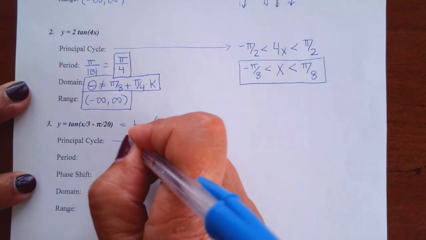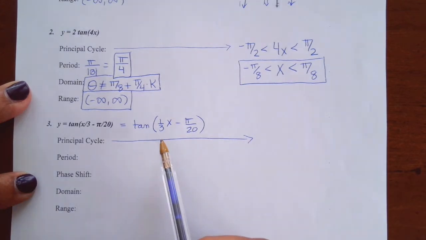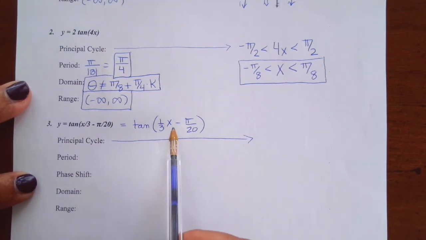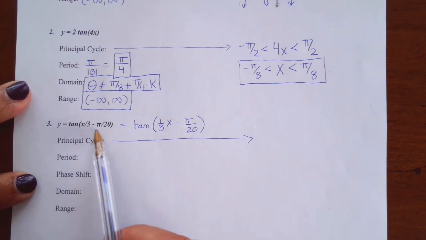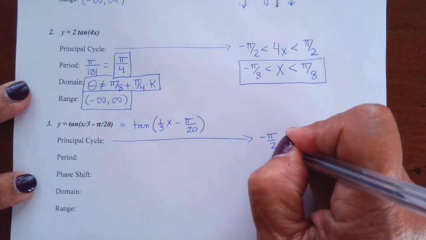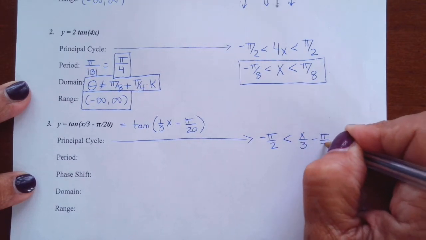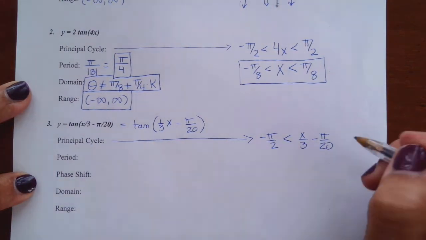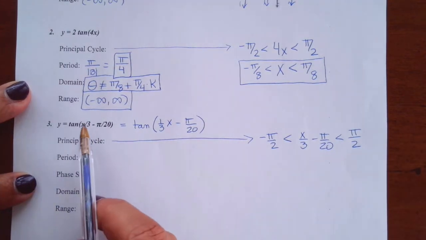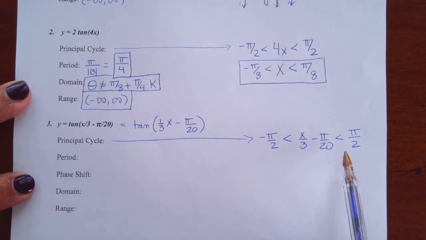All right, so let's do the principal cycle over here because we got a little bit of work to do. Okay, so we're going to set what's in the parentheses. You can use this one or this one, doesn't matter. But this is what goes between negative pi over 2 and pi over 2. I'll just do the one that we started with, x over 3 minus pi over 20, and then pi over 2. So you always put what's in the parentheses between negative pi over 2, pi over 2, and then you got to solve.